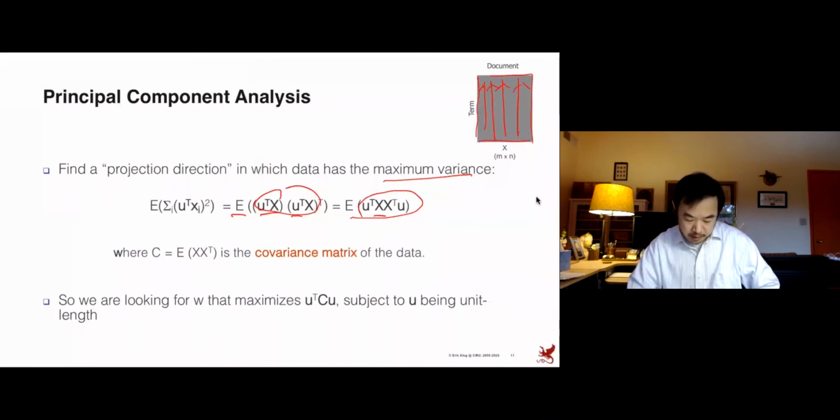Okay. And we know that X times X transpose is also known as the covariance matrix of the data. Therefore, you are literally just looking for a projection direction mu which achieves the following effect: left multiplying the covariance matrix by mu transpose, and right multiplying the resultant vector by another mu, which leads to a scalar. We want to maximize this quantity. Okay.